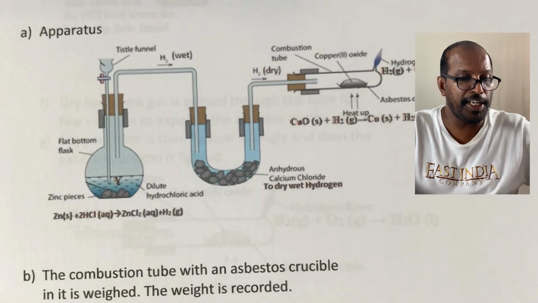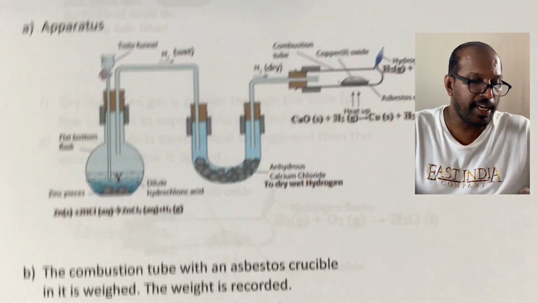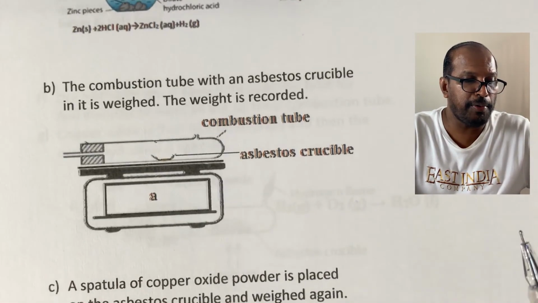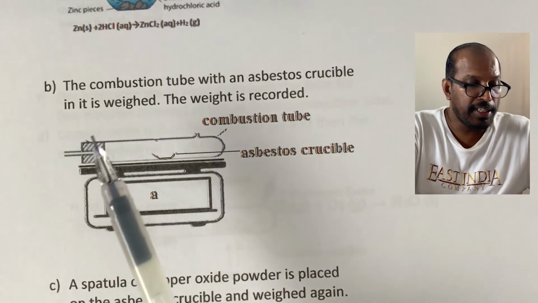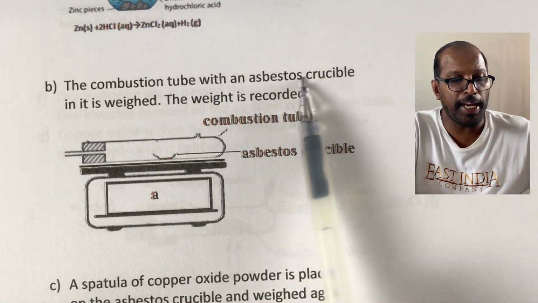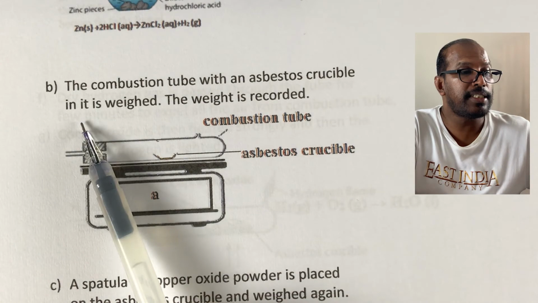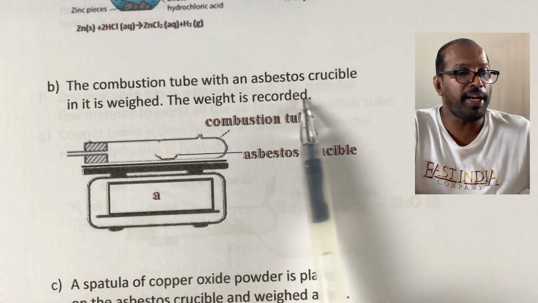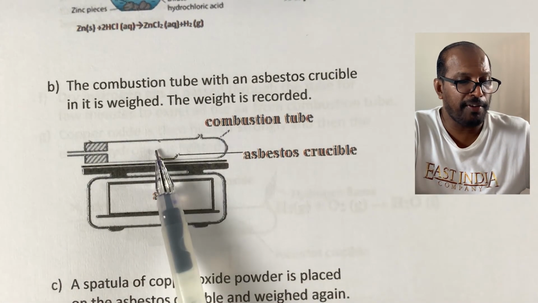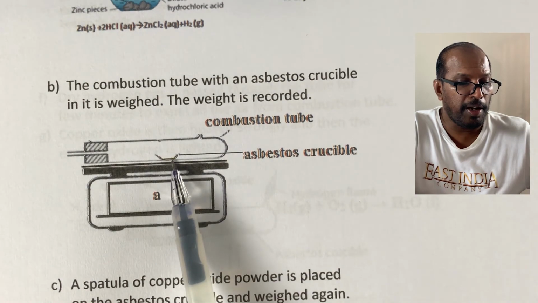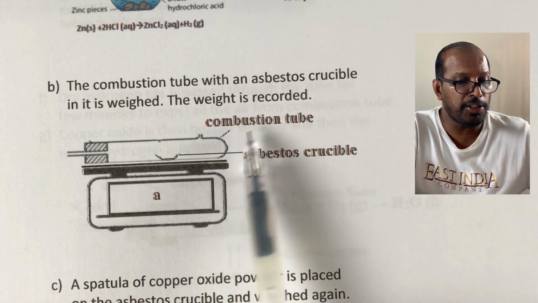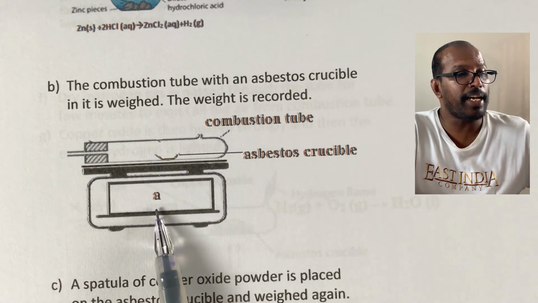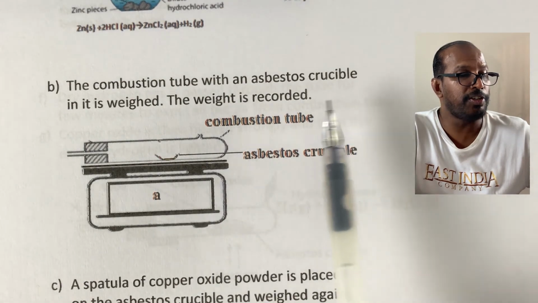Now secondly, we need to explain how to do this. The first thing I'm doing after setting up the experiment is, you see the combustion tube with an asbestos crucible in it is weighed, and the weight is recorded. Now I have a crucible inside a combustion tube, and I weighed it, and I got the mass as A and record the reading.